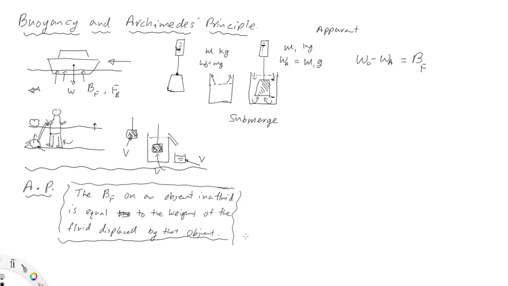Let's look at the experiments Archimedes did. He took some object and measured it using a scale. Let's say he measured the mass and also measured the weight, and he found out that it is, let's say, 10 newtons.